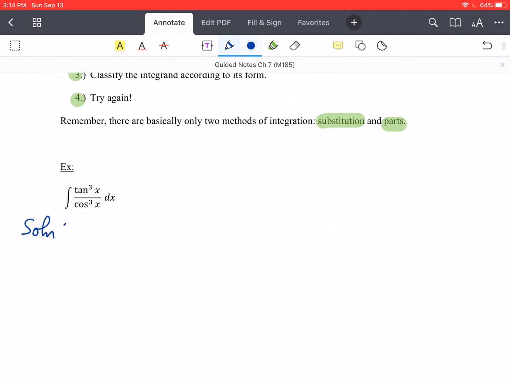I'm going to do solution 1 and solution 2. For solution 1, I'm going to take the 1 over cosine cubed and turn it into secant cubed. So this becomes tangent cubed x times secant cubed x dx. Now we can start playing around with how we might need a trig identity. I'm going to pull out one of the tangents and one of the secants.